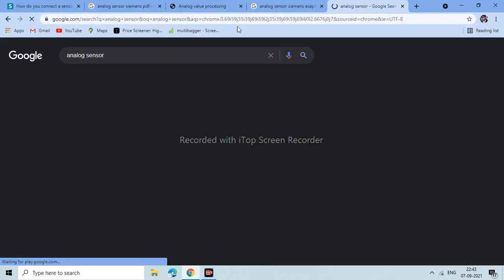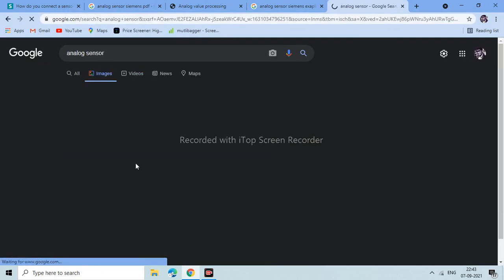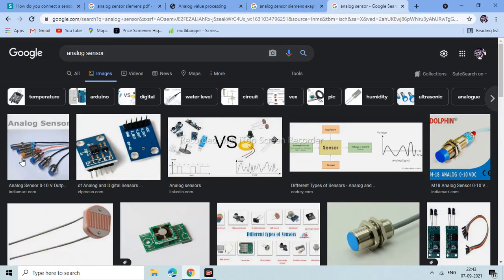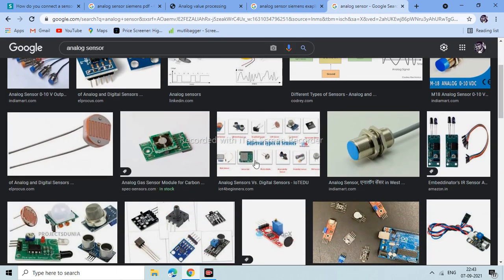Let me show you a different type of analog sensor. This one is a proximity sensor, which gives 0 to 10 volt. We get the signal in milliampere and volts.